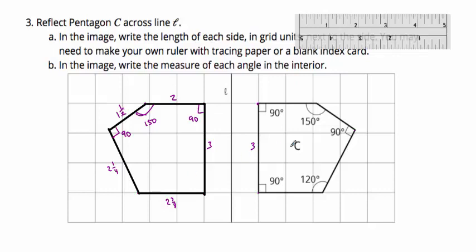That's 120. So that's 120, and this one here is 90. All right. So we can see the side lengths stay the same and the corresponding angles stay the same. So the corresponding side lengths stay the same, corresponding angles also stay the same.